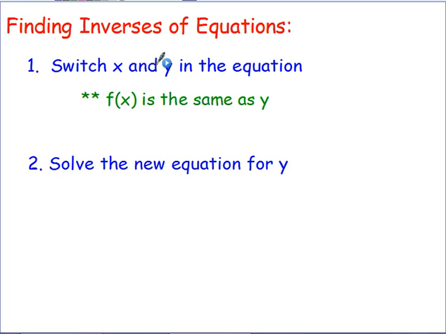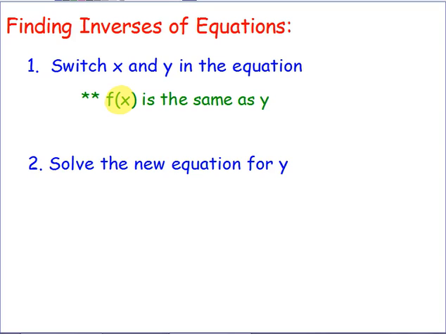Now there's a little note to go here. You will see this little f of x notation in your equation. If you ever see f of x, get rid of him first, make him a y, then switch x and y.